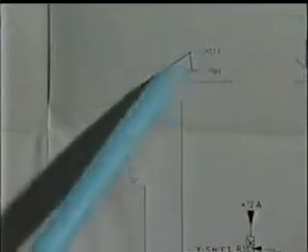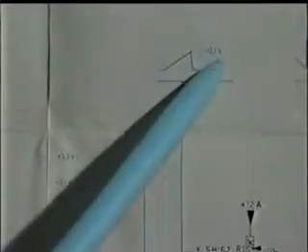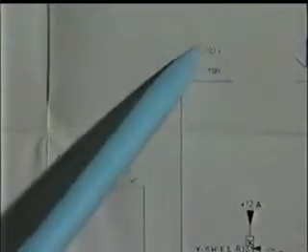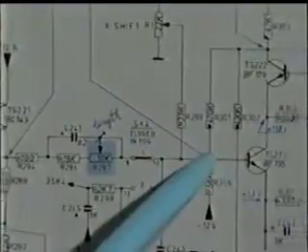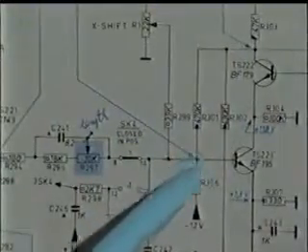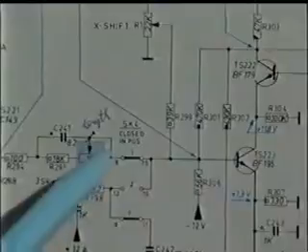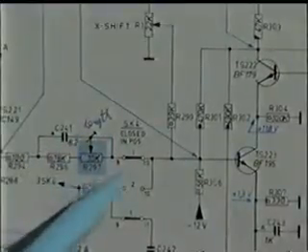It means this is the width adjustment potentiometer. It is sawtooth and its amplitude is to be increased at this point, and it is possible to increase the amplitude by adjusting this preset.